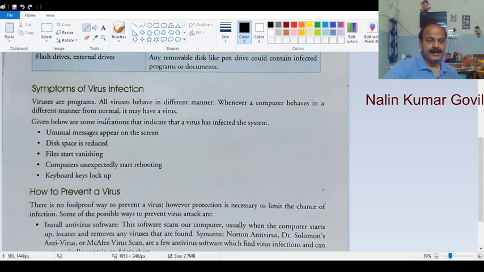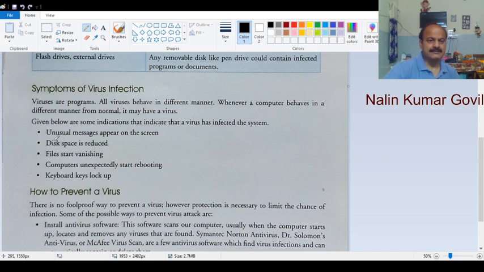Given below are some indications that a virus has infected the system. So the question is how you will understand that your computer system is affected by a virus. So what are the symptoms?